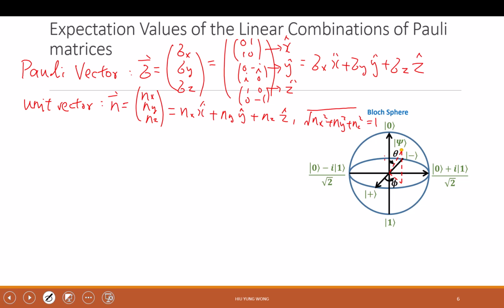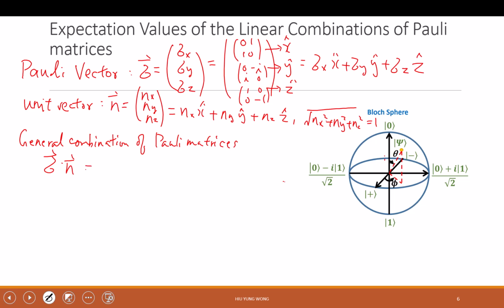Okay. So a general combination of Pauli matrices is sigma dot n, the inner product between sigma and n.